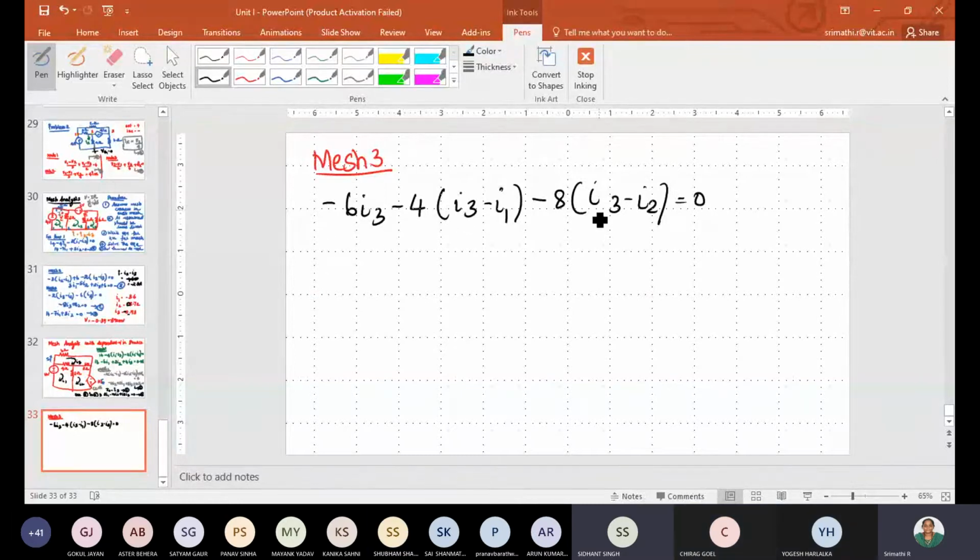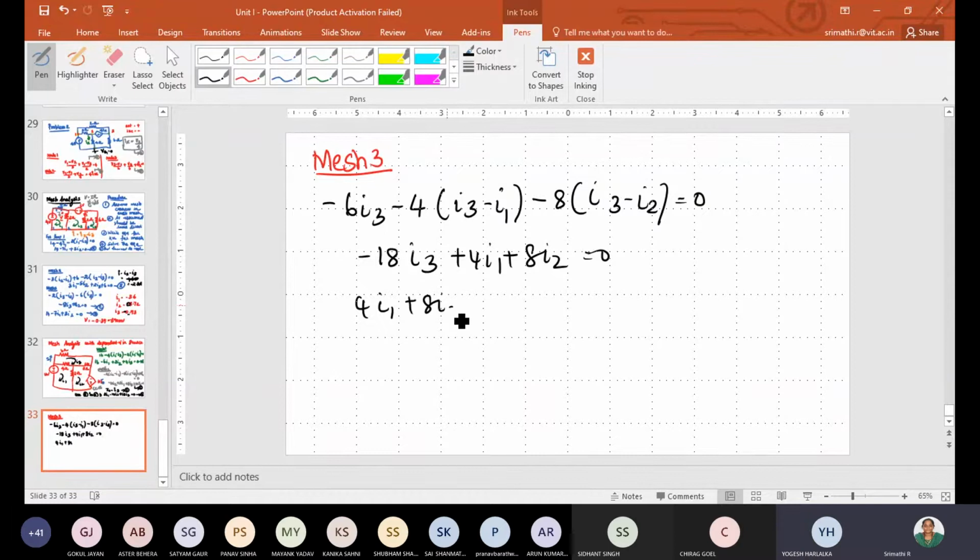Minus 10, minus 18 I3, am I right? Plus 4 I1 plus 8 I2, so it will be 4 I1 plus 8 I2 plus 18 I3 equal to 0.